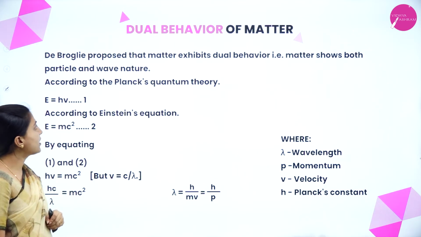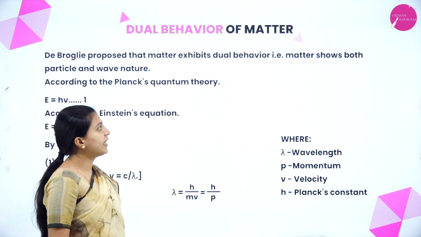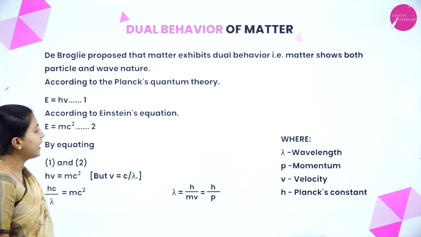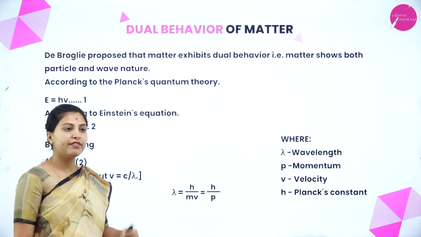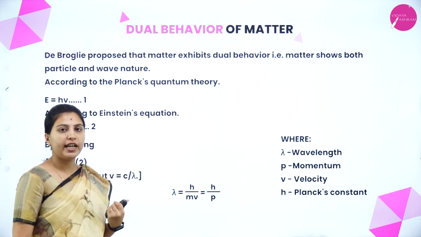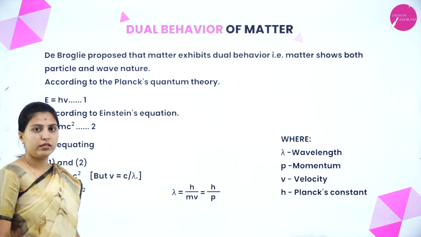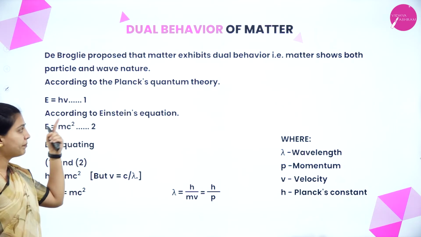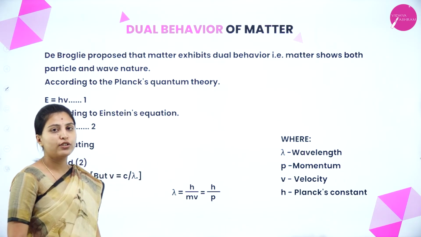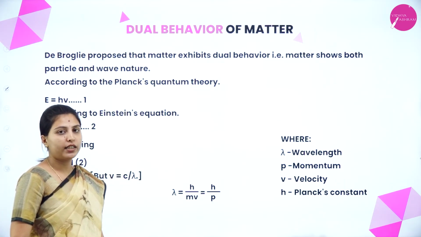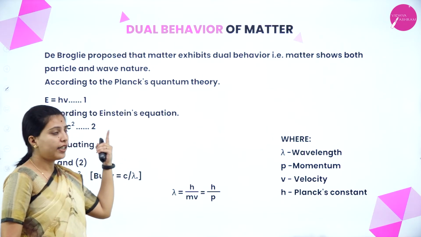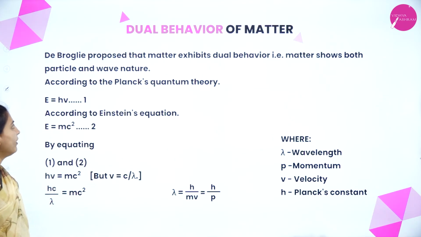De Broglie proposed that matter exhibits dual behavior, that is, matter shows both particle and wave nature. What we have seen before, wave-like and particle-like behavior in light and radiation, we are saying here that matter also contains dual character, that is particle nature and wave nature.